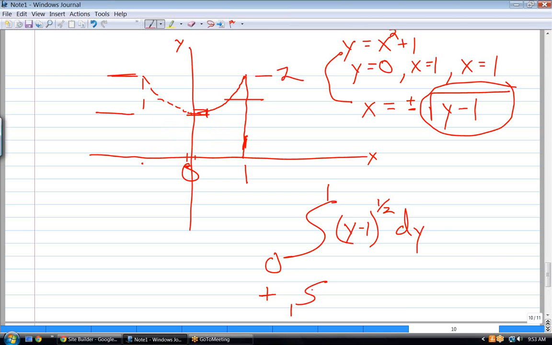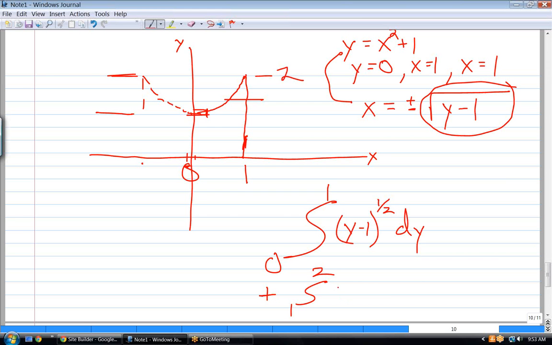plus from 1 to 2, I'm going to use washers where the outside radius is 1 and the inside radius is this function.